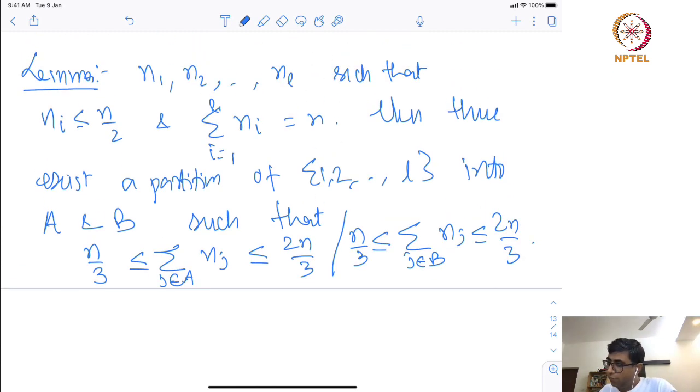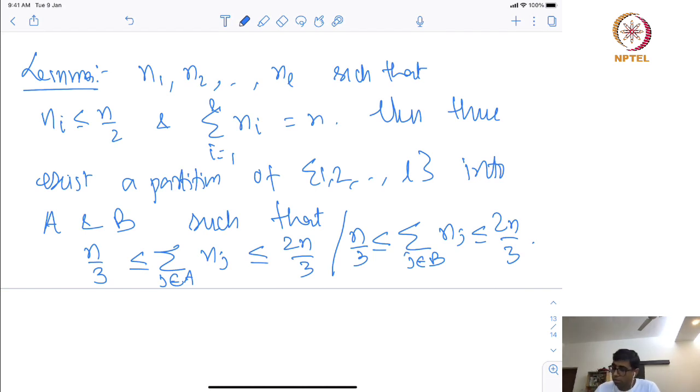So, what I am saying is that if you give me L numbers such that each of them is at most n over 2 and their summation is n, then I can partition these numbers into two parts so that each part has a lower bound and an upper bound threshold, and we will see how we can use this.